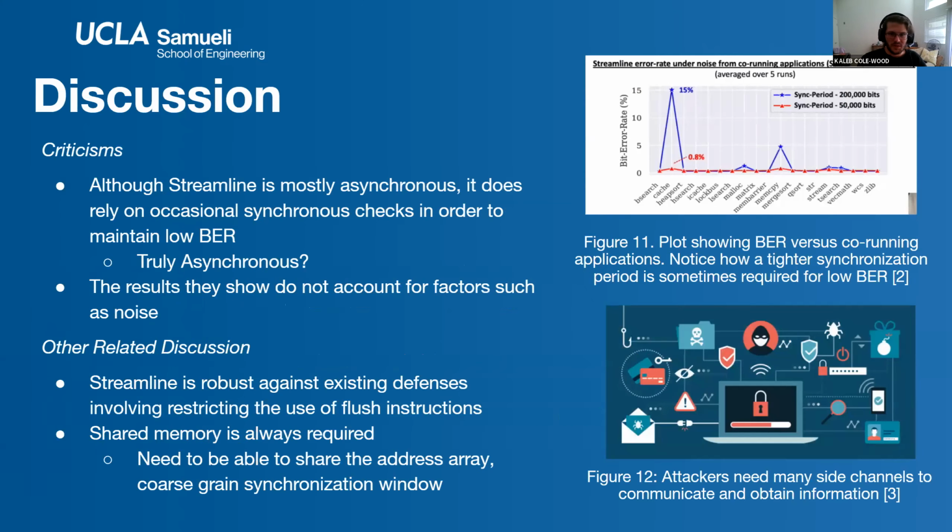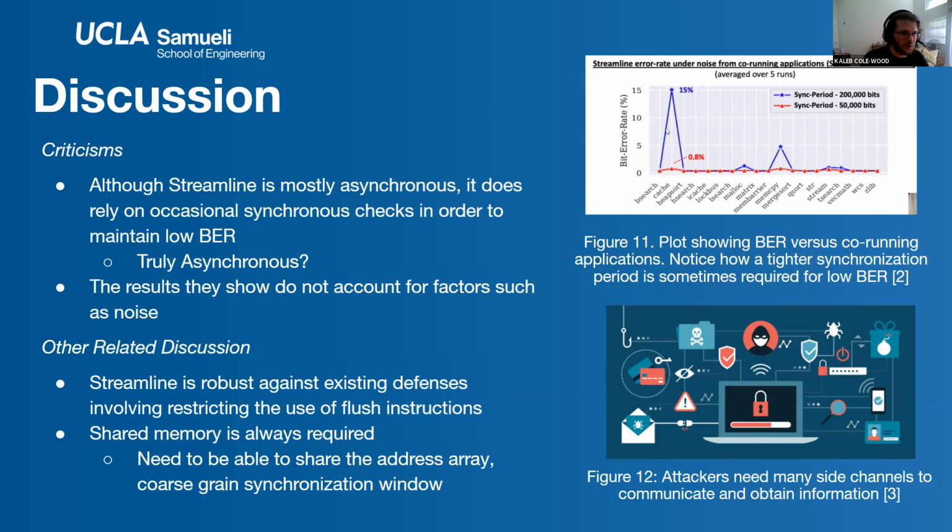And so when discussing a few other points, we noted that because we have the coarse grain synchronization, is Streamline really asynchronous? Well, Streamline itself is asynchronous, but it requires additional side channels that are communicated synchronously. And the results that they showed with a low bit error rate don't account for the noise due to other applications running at the same time.